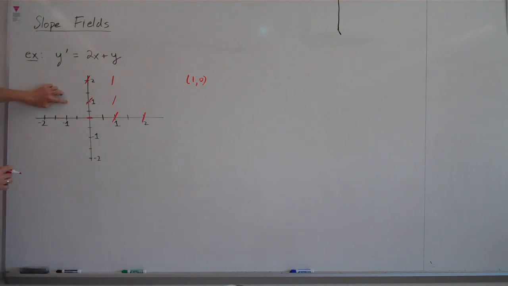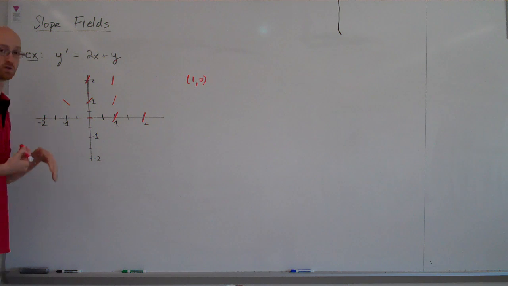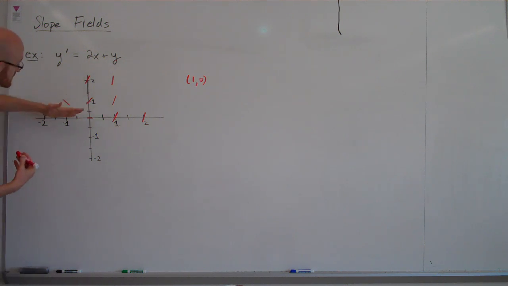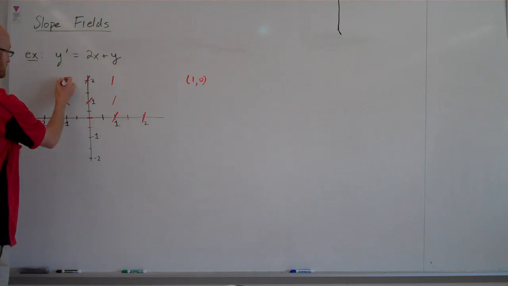Negative 1, 1, that would be negative 2 plus 1, which is negative 1. So something like that. And that little downward slope might have surprised you given the way this was all moving, but we'll just keep going. Negative 1 comma 2, that would be a slope of 0.